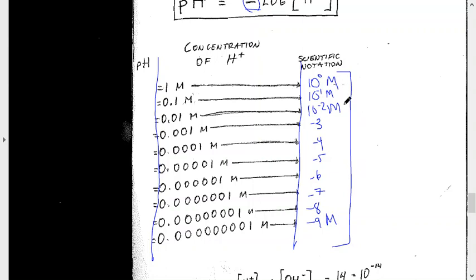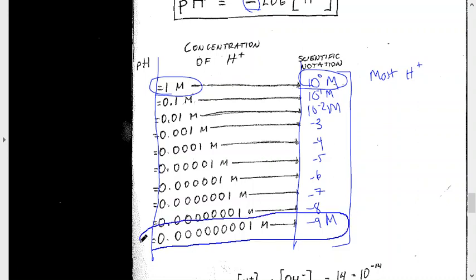Which molar solution? Hopefully, you're able to identify this first one as having the most hydrogen. And again, of the ones here, times 10 to the negative 9 has the least hydrogen.